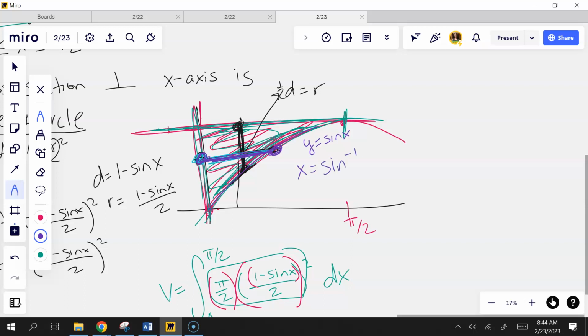Inverse sine of y, sorry. That's how we get it by itself. So now I'm saying my diameter of my semicircle is the inverse sine of y. So what's the radius? That over 2.